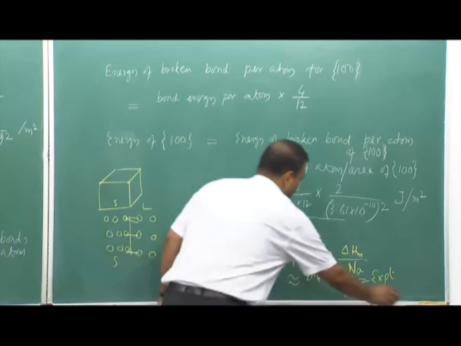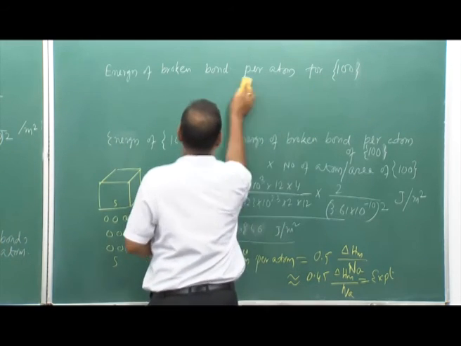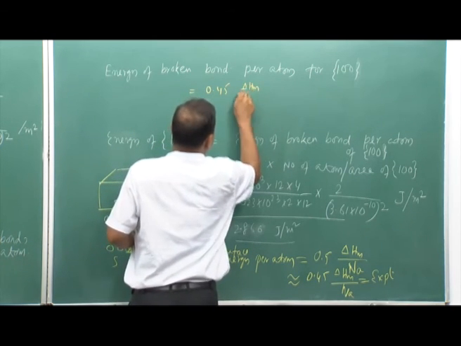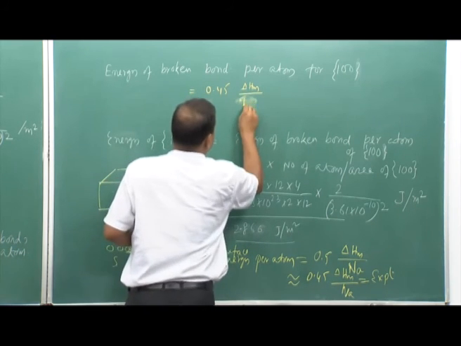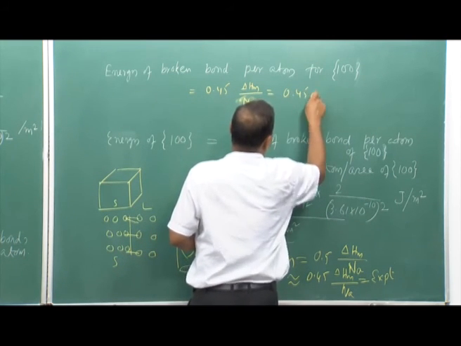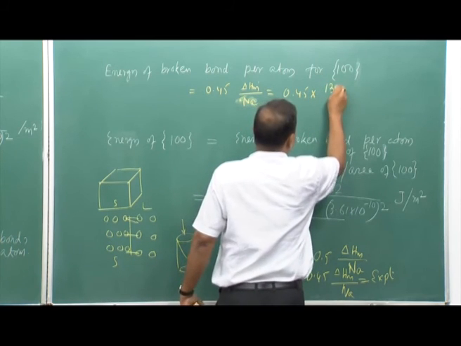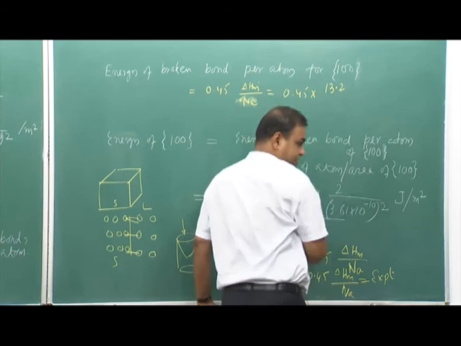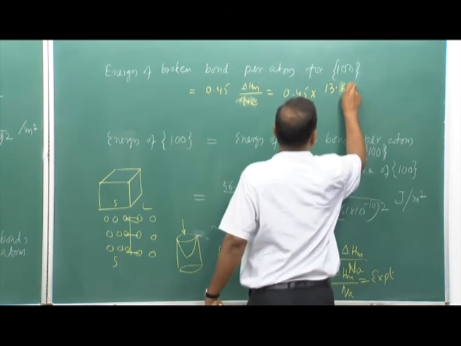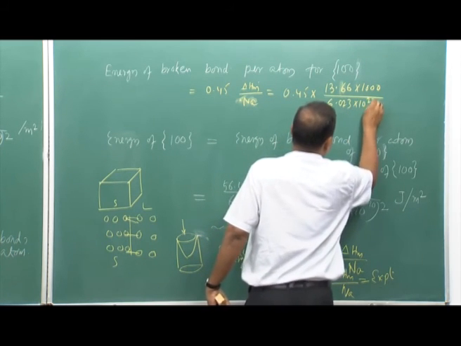So, let us solve in the case of copper. We take 0.45 delta Hm by Na. The delta Hm for copper is 13.66 kJ per mole, so 0.45 into 13.66 into 1000 divided by 6.023 into 10 to the power 23.